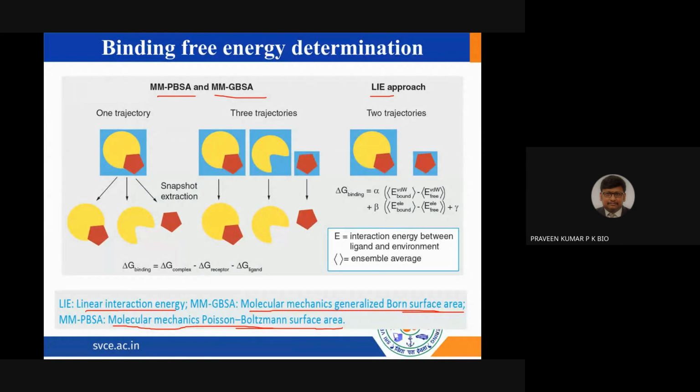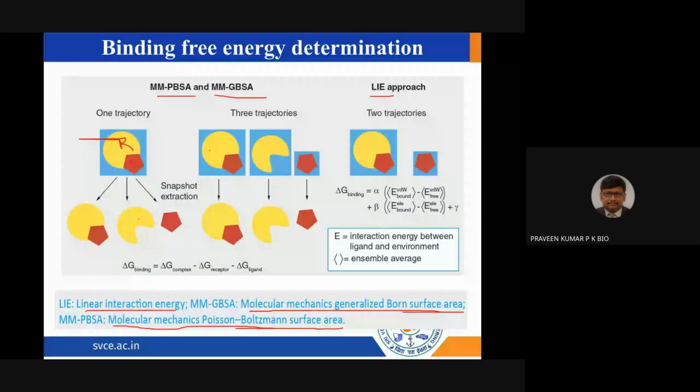One is one trajectory. If you're binding a ligand with a receptor, and you want to see this energy in one trajectory, one should have knowledge of the Gibbs free energy of the ligand, the Gibbs free energy of the receptor, and the Gibbs free energy of the ligand-receptor complex.